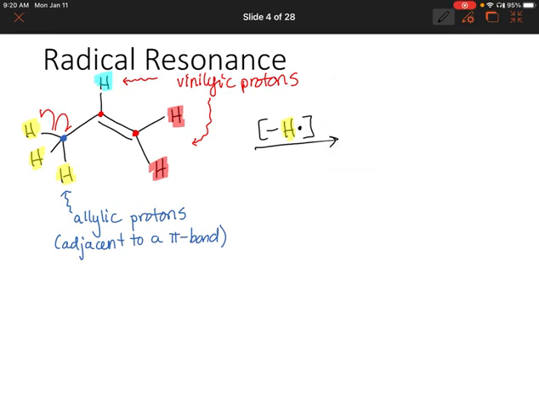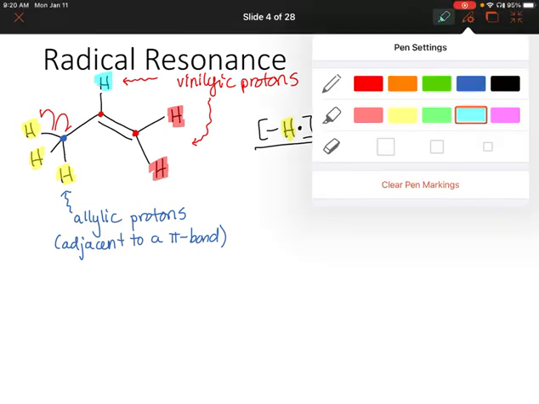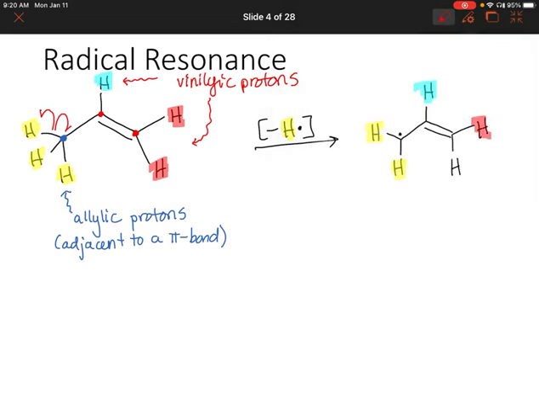Okay, so what would the resulting product look like? So now we only have two yellow hydrogens, and we have a single unpaired electron on that allylic carbon. And then all of the other hydrogens stay the same. So I'll just highlight them the same way I highlighted them before. Oops, there we go.